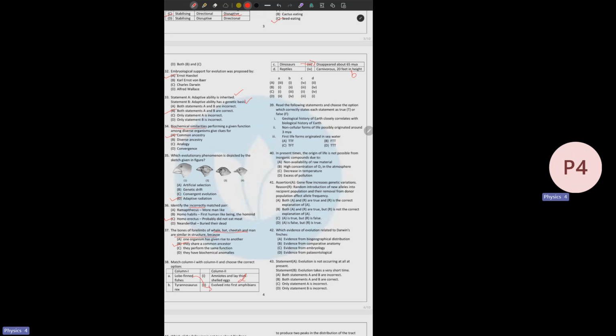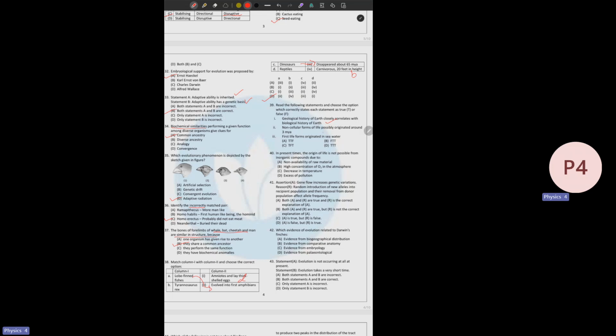So here the correct answer is D. True or false? The geological history of Earth closely correlates with the biological history of Earth. Of course, when there were changes in the Earth, changes were also occurring at the organism level, or biological forms of the Earth also.